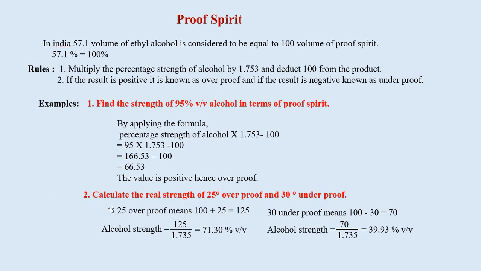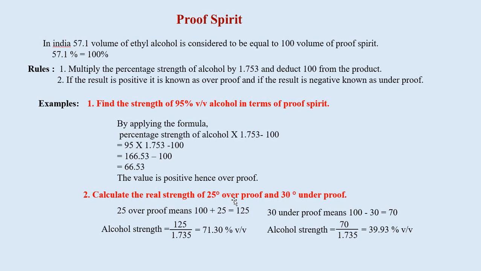Now the second example: calculate the real strength of the alcohol. In overproof problems, sometimes they give the percent value, and from that you have to calculate whether it is overproof or underproof. Sometimes they give the value in proof, either overproof or underproof, and based on that you have to calculate the exact percentage.